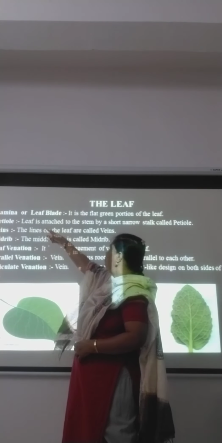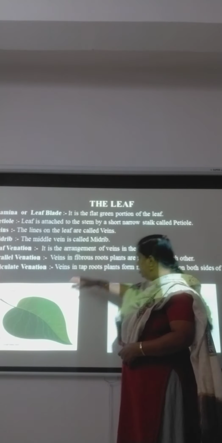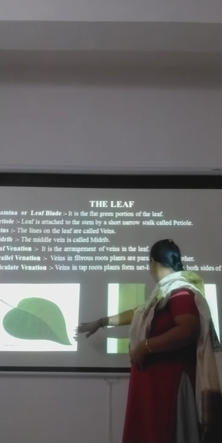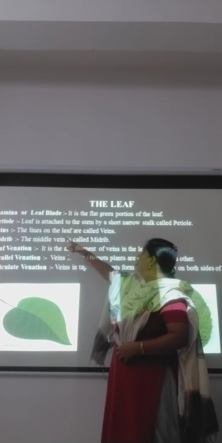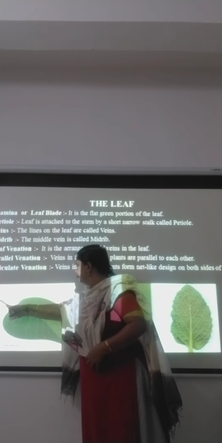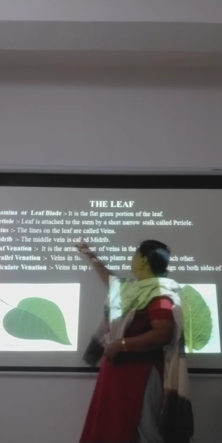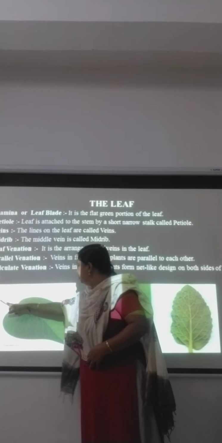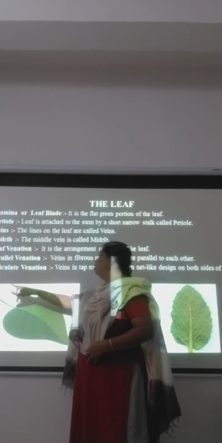Okay, now leaf, first part would be lamina. It is the flat green portion of the leaf. So this green color portion of the leaf is called lamina. Next, petiole. This part, the small stalk-like part which attaches itself to the stem, is called petiole.